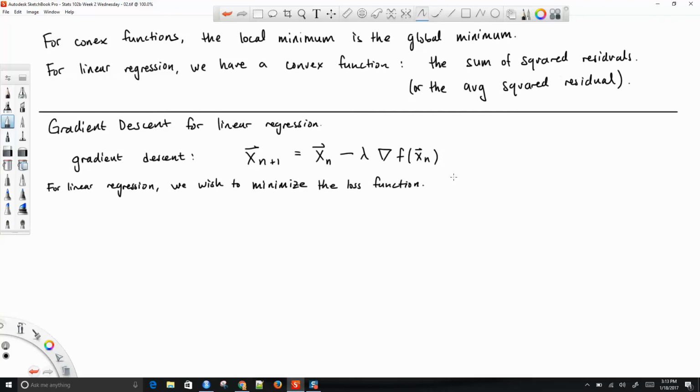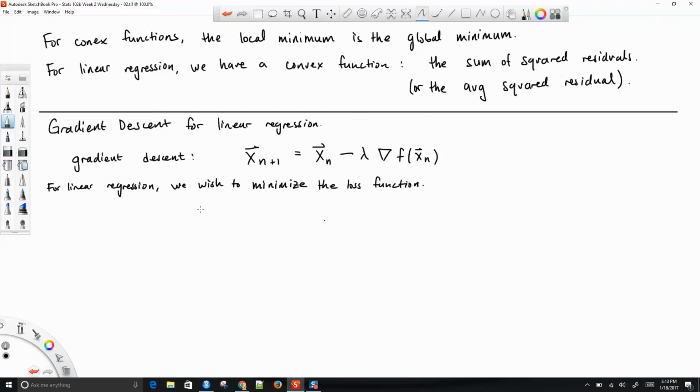Gradient descent is generally useful for things where that analytic solution is not possible. However, I think this is a good example of how gradient descent works, and then we can apply it for something more complicated.